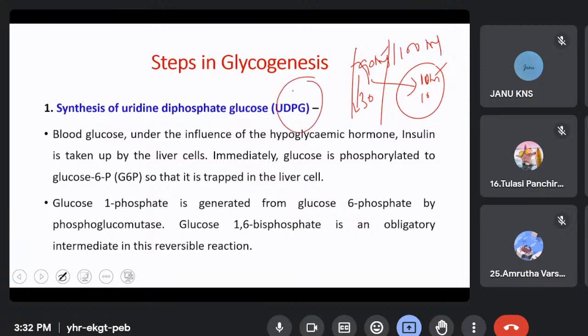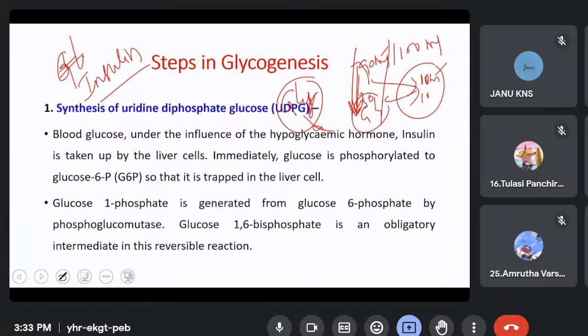Now, you already have glucose stored in the form of glycogen in the liver. Whenever the body requires glucose, glycogen is broken down to release glucose.